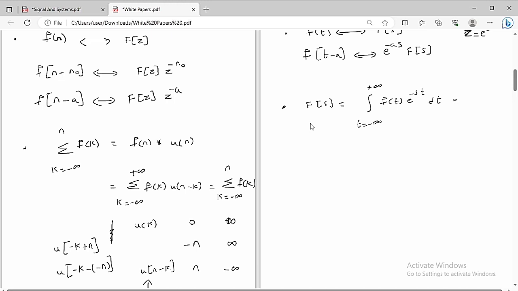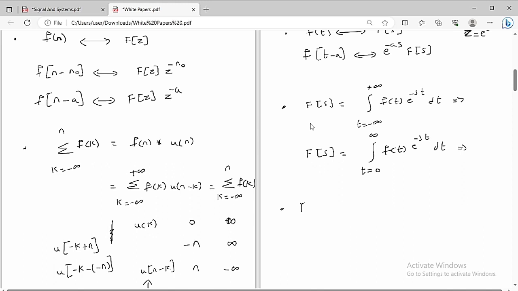So this is called the two-sided Laplace transform or the bilateral Laplace transform. Whereas F of s is equal to the integration from t equal to 0 to infinity of f of t into e to the power of minus st into dt. So this is called the one-sided Laplace transform or unilateral Laplace transform.